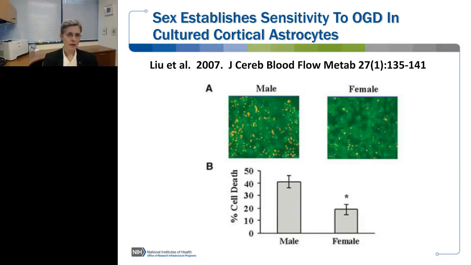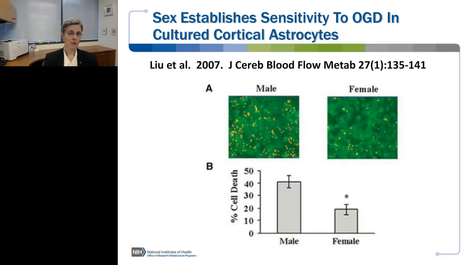What's distinctive about her studies is that instead of harvesting cells from pooled collections of neonatal rodents, she actually set up her cultures based on whether she harvested cells from male versus female neonatal rats.